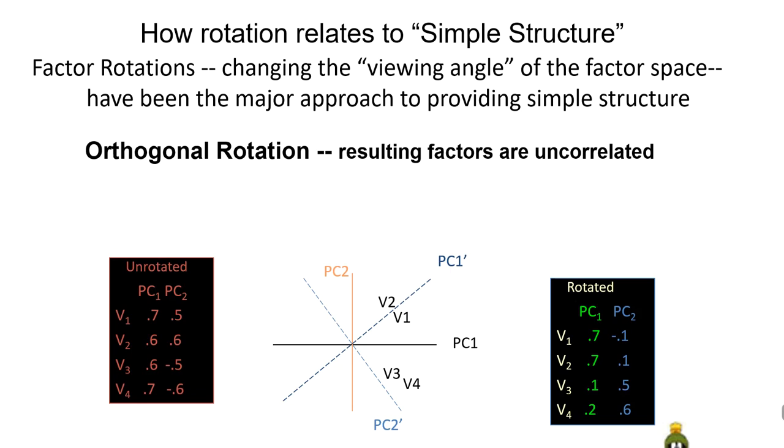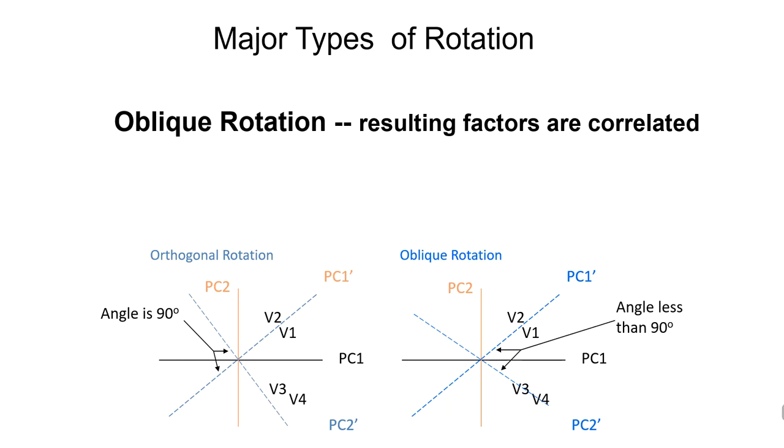Similarly, in oblique rotation, when the factors are considered correlated, the resulting factors are correlated factors, then we do not maintain the 90-degree angle. When the angle departs from 90 degrees, some correlation will be introduced.